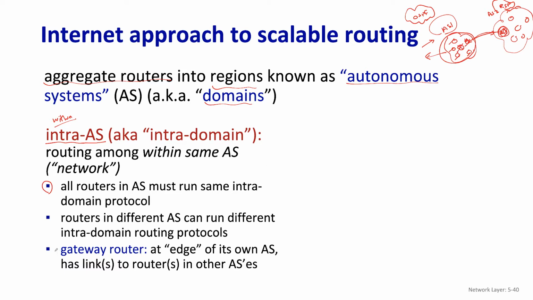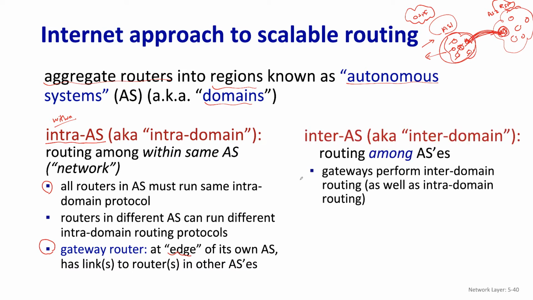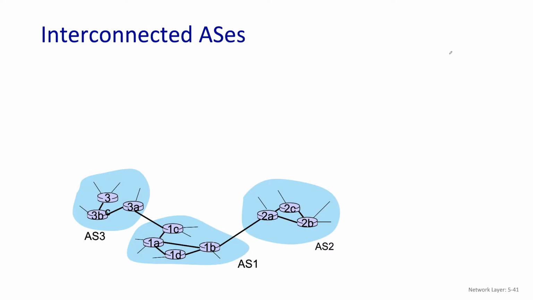Okay? Here, the gateway router, also called the edge, will play a role as the link or interface between the two autonomous systems. The inter-autonomous system, or inter-domain, means we have to have some routing protocols that we can implement here to ensure the packet is forwarded from one autonomous system to another. So in this case, let's say that we have three autonomous systems, 1, 2, and 3.